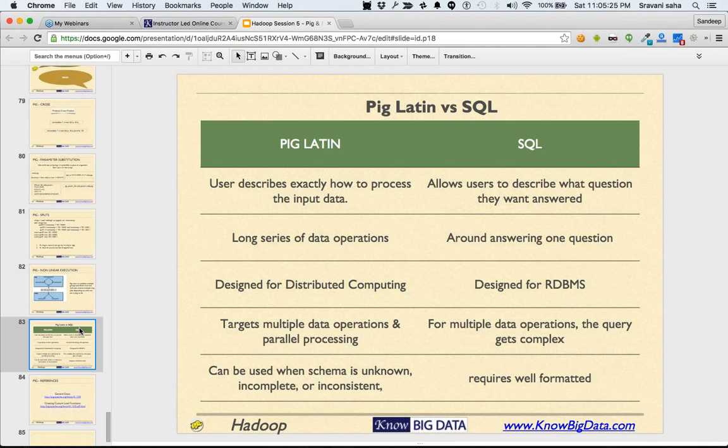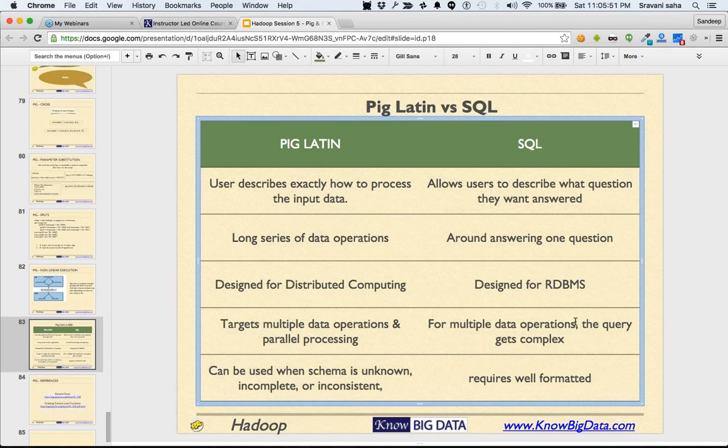Therefore, optimizations such as fragmented joins, merge joins, replicated joins, or skewed joins are not possible using SQL. And the same argument we are having right now, Pig Latin versus SQL, also holds true for the discussion between Pig Latin versus Hive.